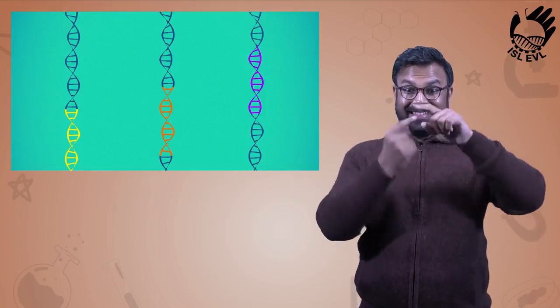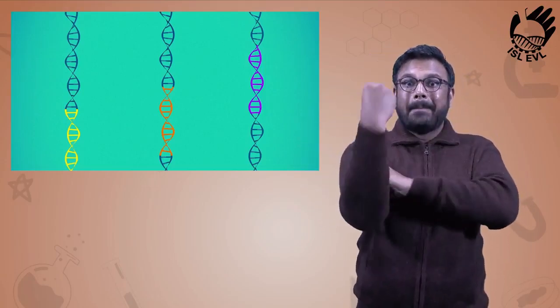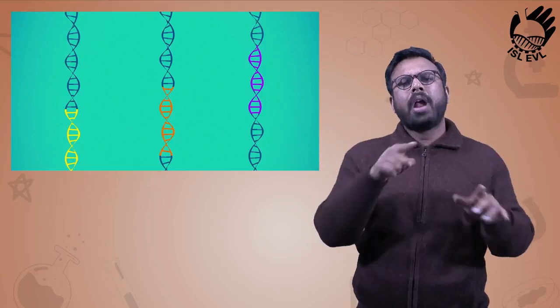The ATGC sequence of these genes can randomly change over time. These are called mutations. Most of the mutations are inconsequential, but some mutations may alter the genes such that the proteins become non-functional or dysfunctional.